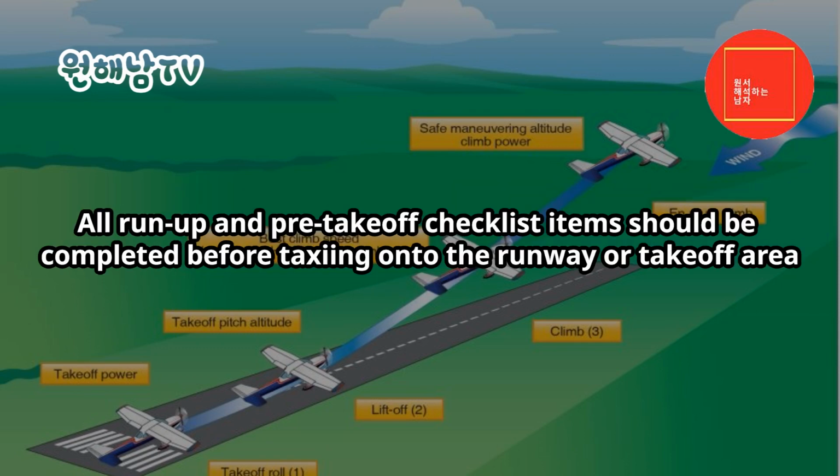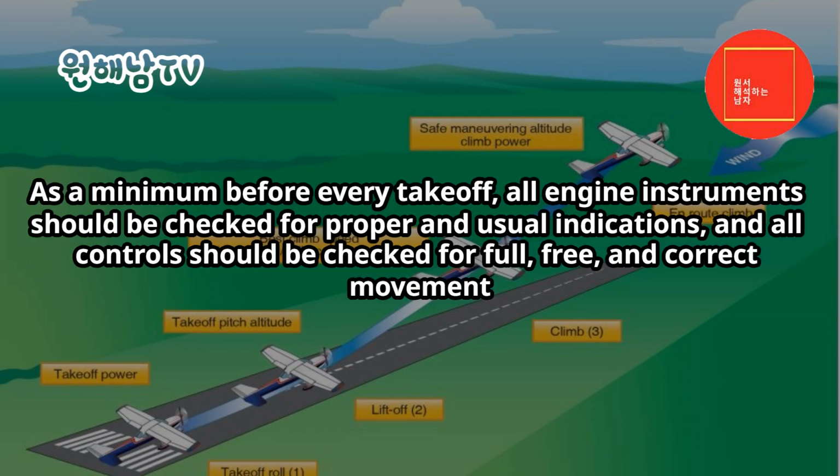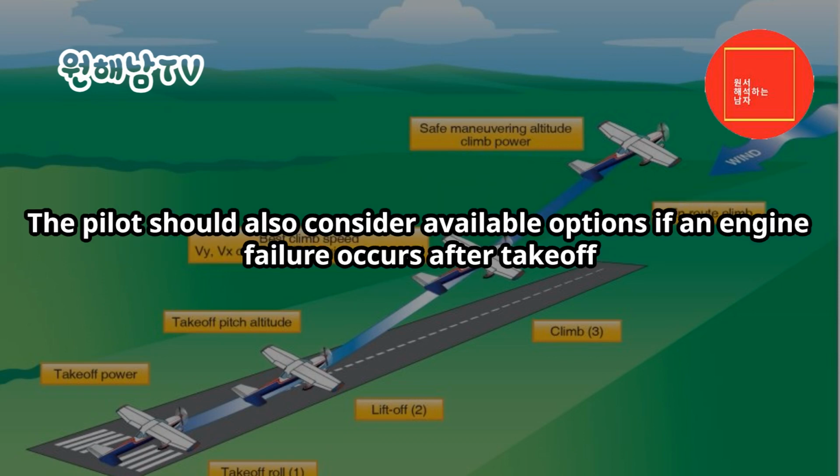All run-up and pre-takeoff checklist items should be completed before taxiing onto the runway or takeoff area. As a minimum before every takeoff, all engine instruments should be checked for proper and usual indications, and all controls should be checked for full, free, and correct movement. The pilot should also consider available options if an engine failure occurs after takeoff.